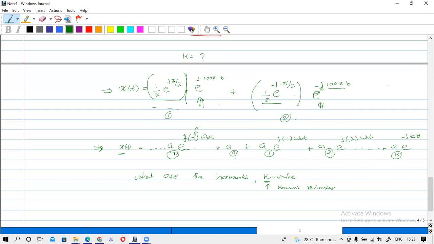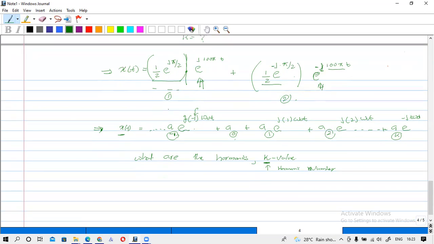So how can you find it? You have omega naught here, so you have j omega naught t, and there should be a k value also. You can see that e to the power j105t, so this will be omega naught.